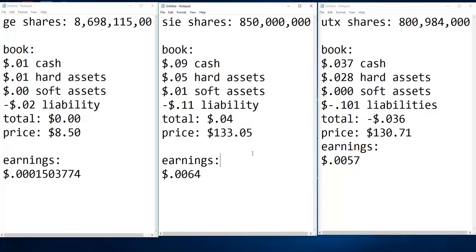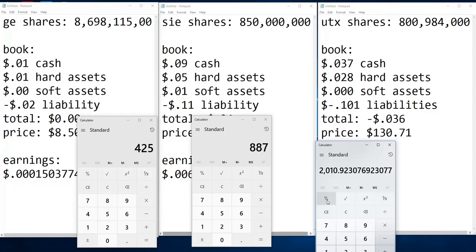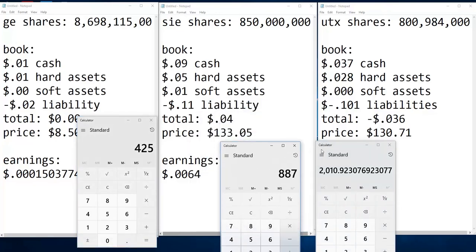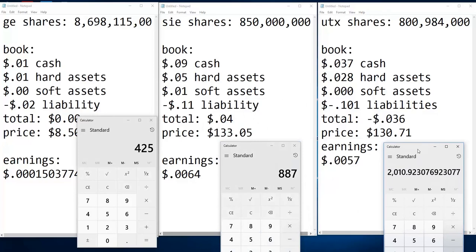Based on the price, GE doesn't look horrible, right? Just because it's such a cheap price. So what that tells us is that GE is much cheaper than these other companies, which makes sense, right? United Technologies is super expensive.